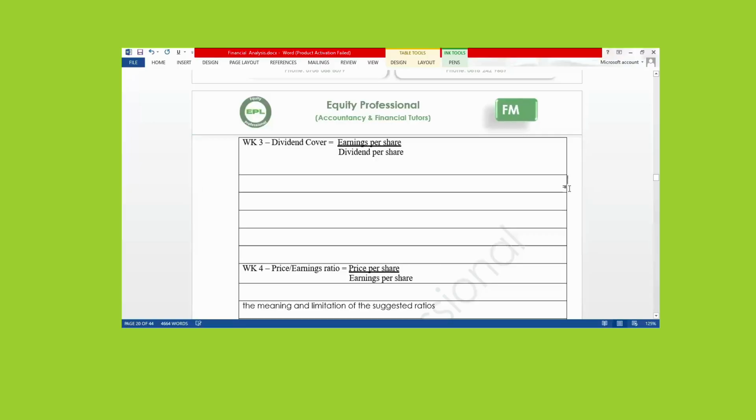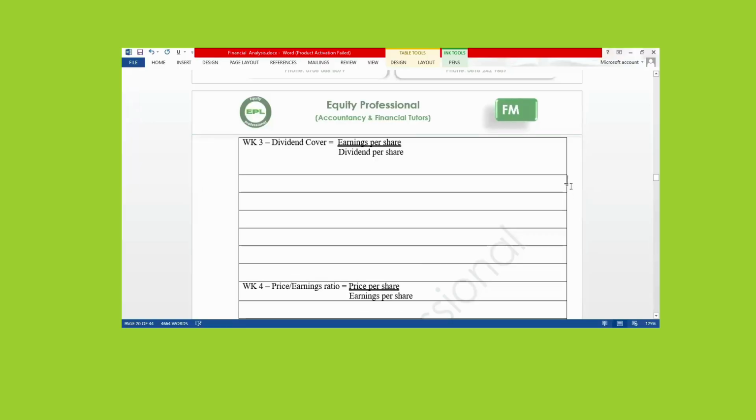Let's expand this so that we can show the workings.